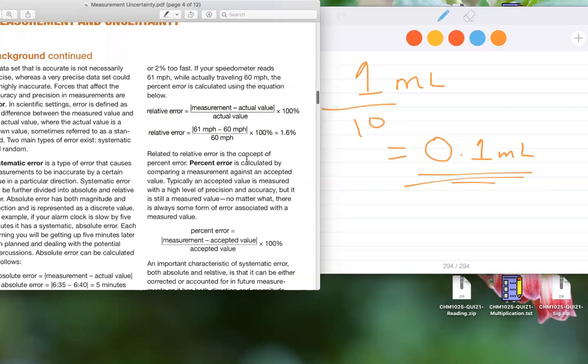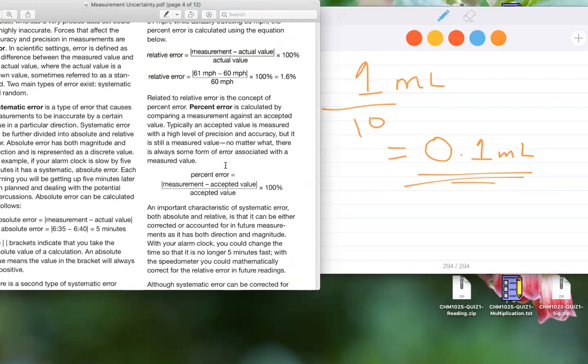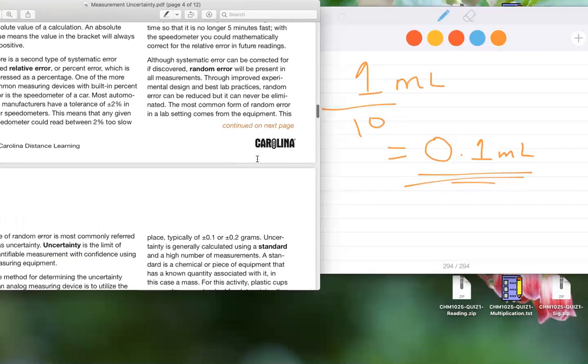Now, you will determine two types of errors, absolute and relative error. Absolute is the difference between the actual, that is the true value, and the measured value. And relative is the difference between the actual and the measured, over the actual or true value, the accepted value, the same thing, multiplied by 100, which will give you the percent error for your calculation.